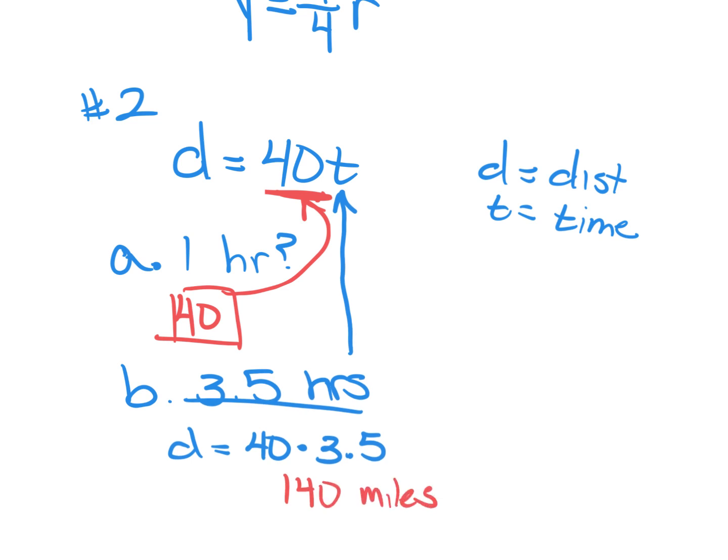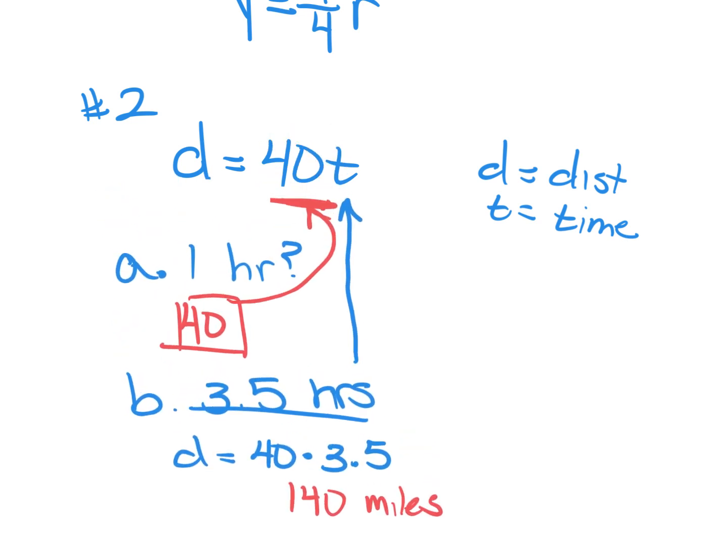Okay, and then letter C talks about how many hours it is going to take to go, let's say, 70 miles. Miles is your distance, so we're going to take the distance and plug it in right there.